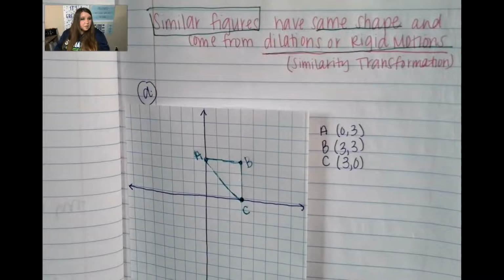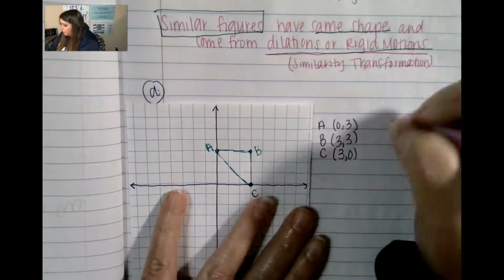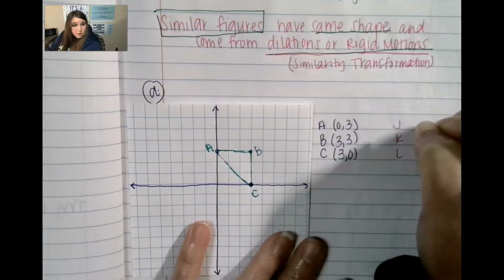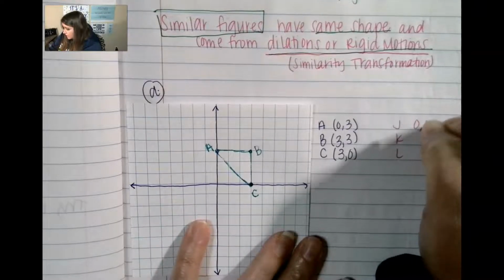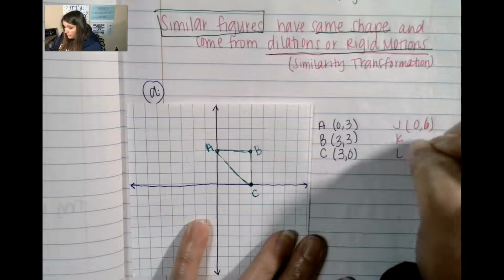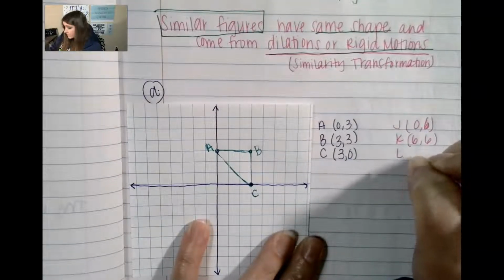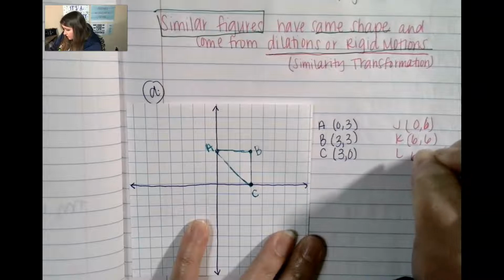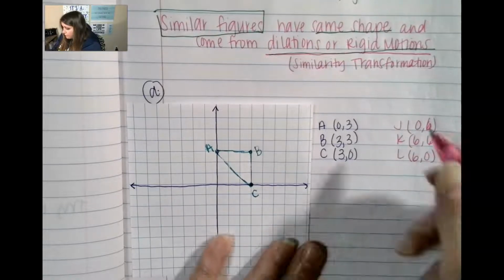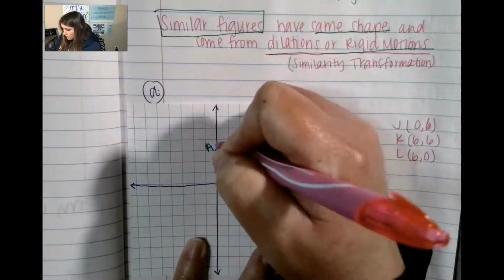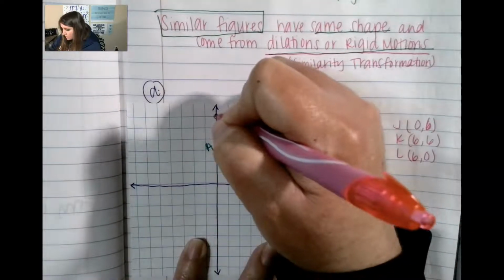The second triangle that we have is JKL. Looking at J, K, and L, we have (0, 6), (6, 6), and (6, 0). So we're going to graph these. For J, go nowhere and then go up 6: 1, 2, 3, 4, 5, 6.